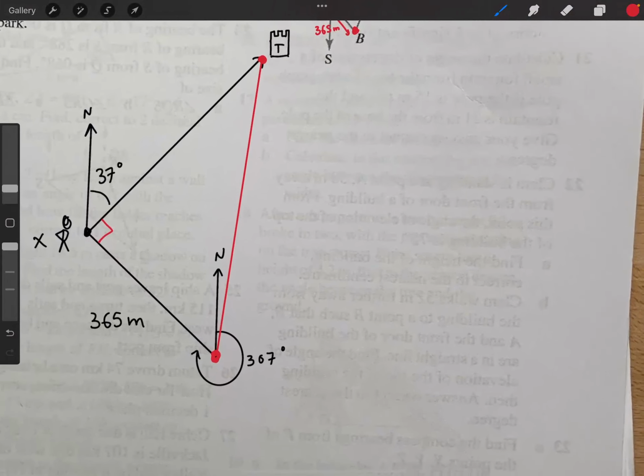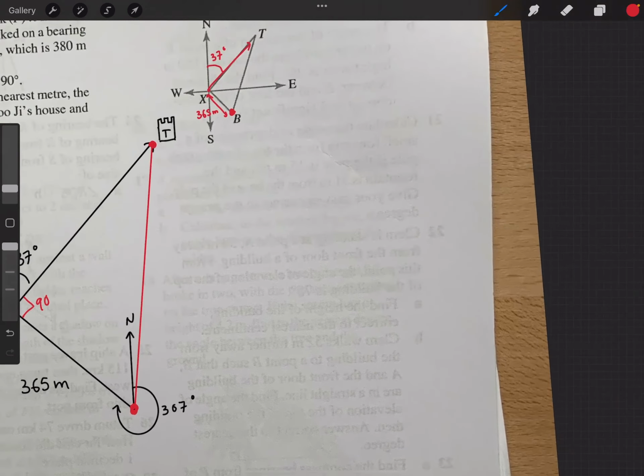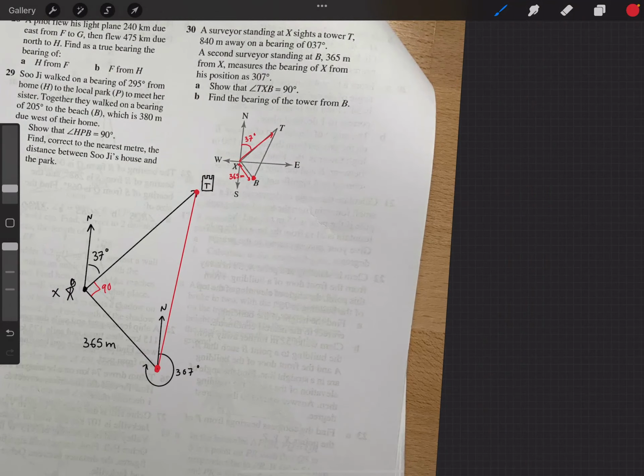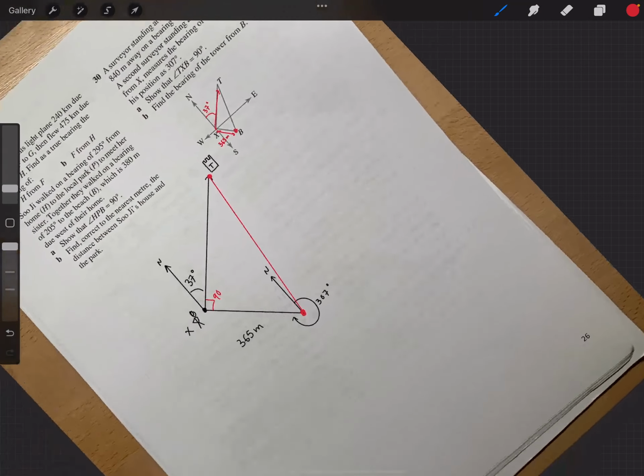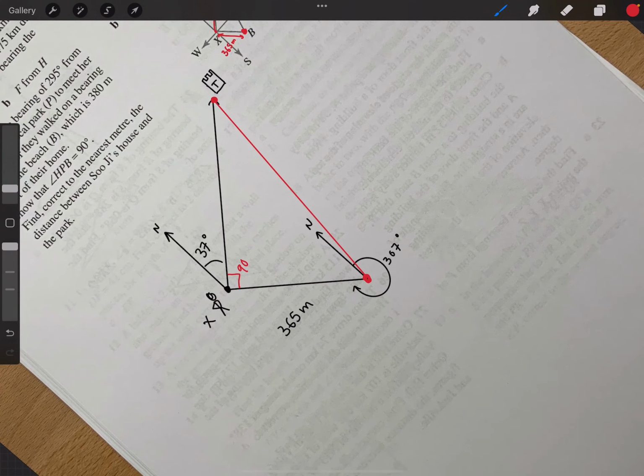Now this is tricky. This is 90 degrees. Okay, let me think. Oh, okay, that actually helps because here, look, if I turn this around, right?